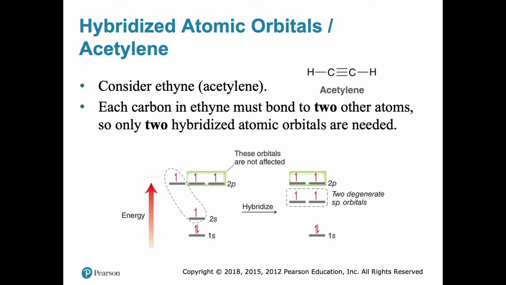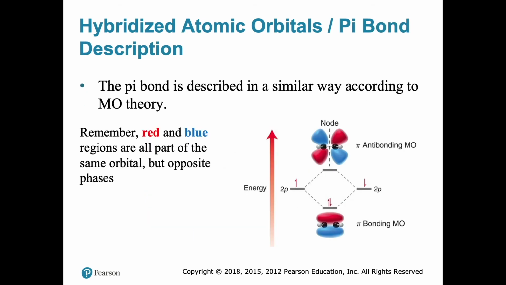So this carbon has two electron domains, and how many does this one have? Two, because they're symmetrical. It's going to be the same. Well, interestingly enough, when you have only two electron domains, yeah, go ahead. On the previous slide, with ethylene, we had three.